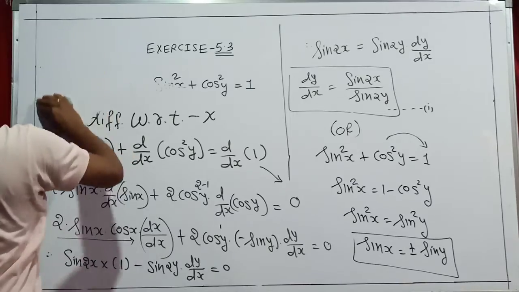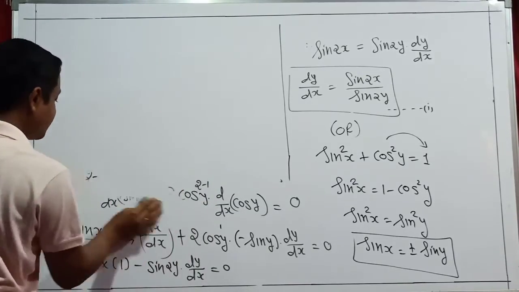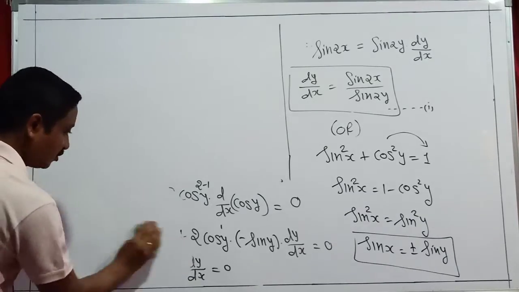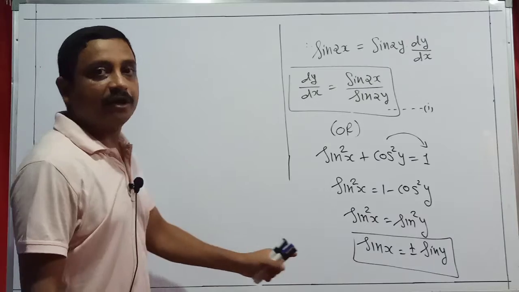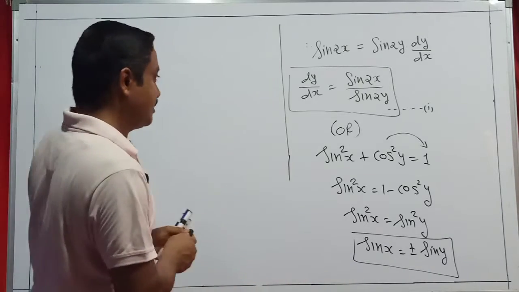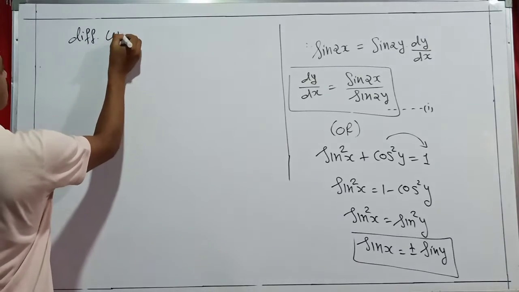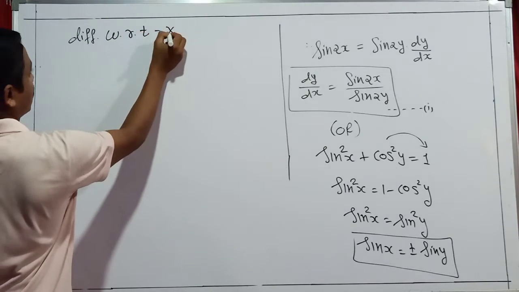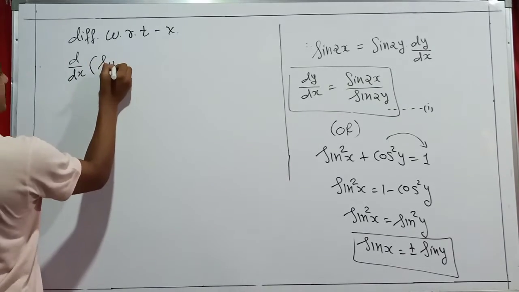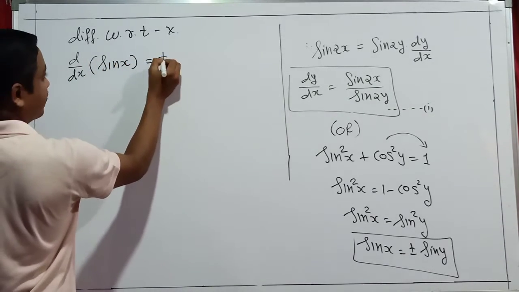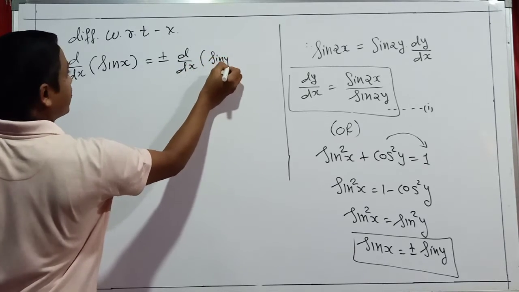It's very easy students, but sure, the answer comes out different from the first way. So operate differentiation with respect to x. d/dx of sin x is equal to plus or minus d/dx of sin y.